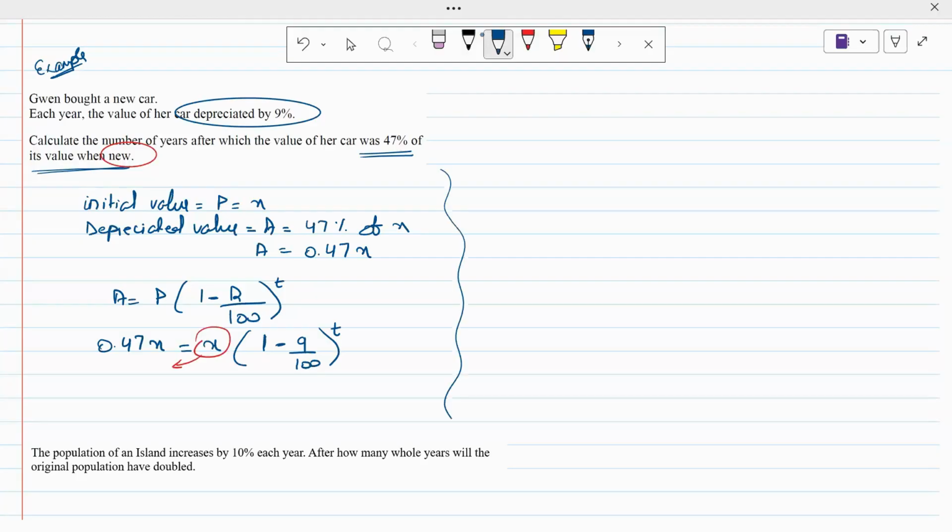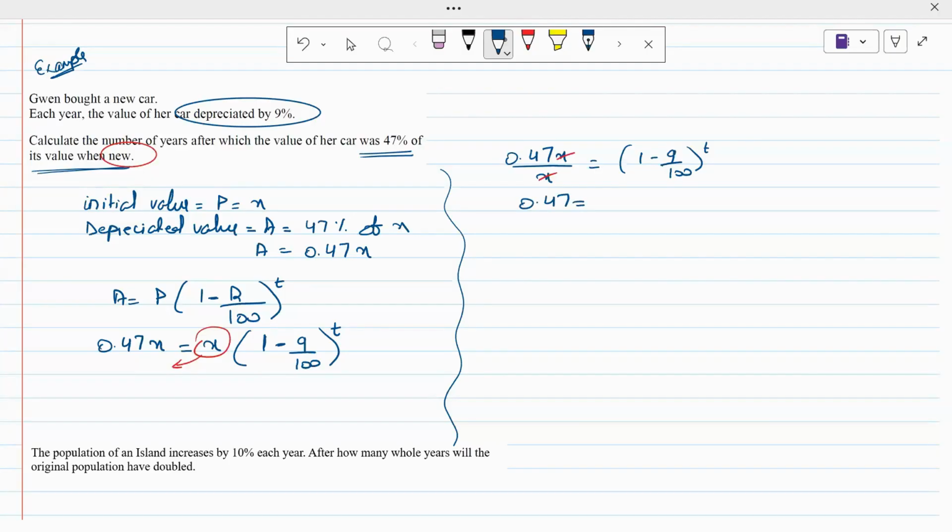It would now be 0.47x upon x is equal to 1 minus 9 upon 100 whole power t. So you see x and x get cancelled. This is how you simply handle such a situation when you don't have the initial and the increased or decreased value given.